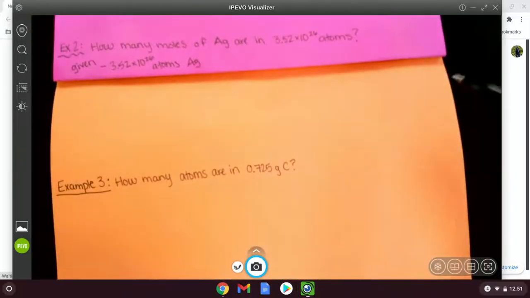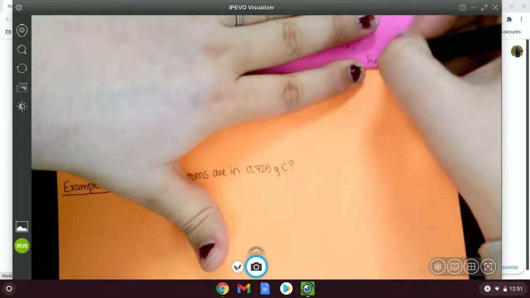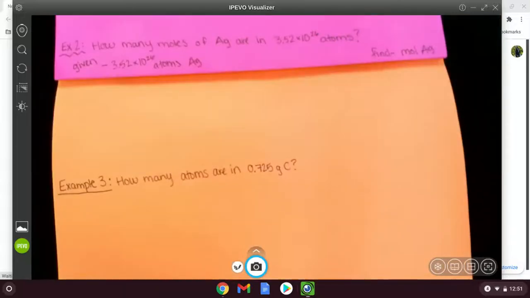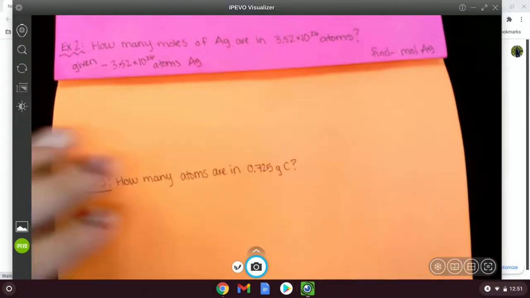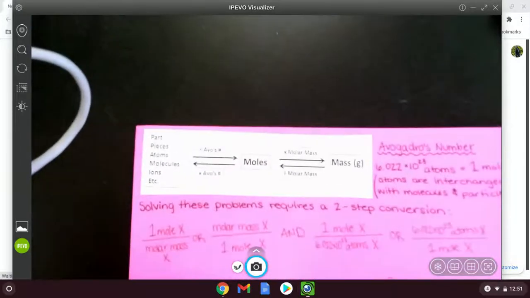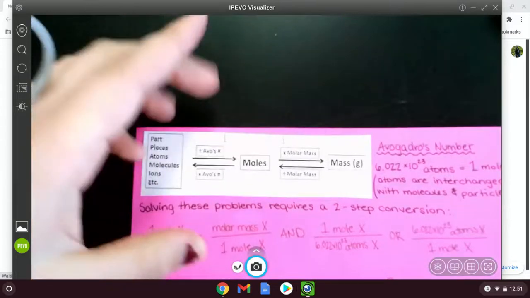And what we're trying to find is how many moles of silver. So find mole Ag. Again, we're starting in atoms and we're trying to go to moles. If we look back up at this flow chart, we're starting in atoms and we want to end up at moles.